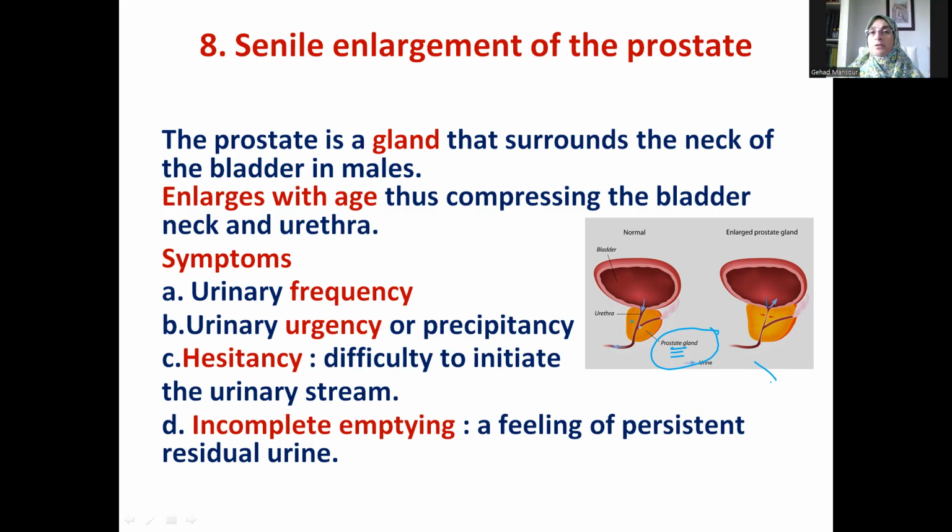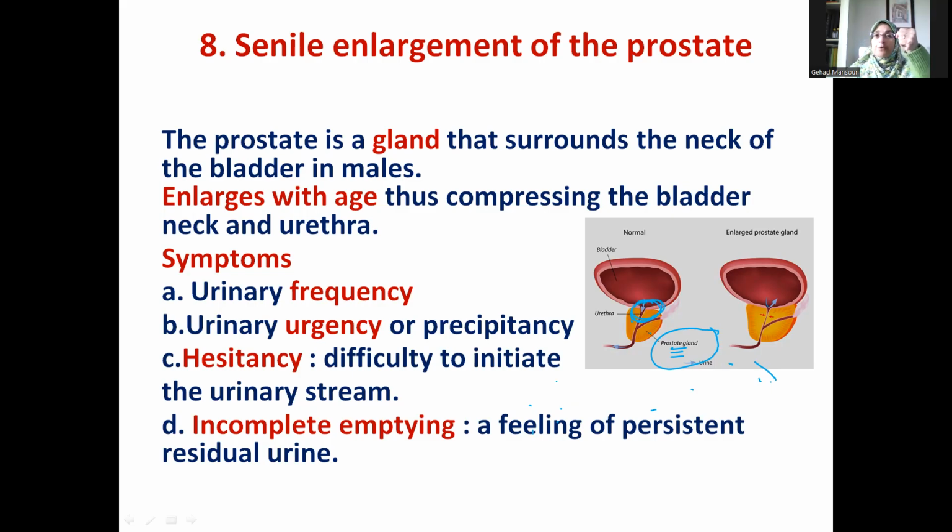Unfortunately, the prostate gland at old ages can become enlarged, and when it enlarges, it compresses the urethra, because as you see here, it is present at the base, or the neck, of the urinary bladder.